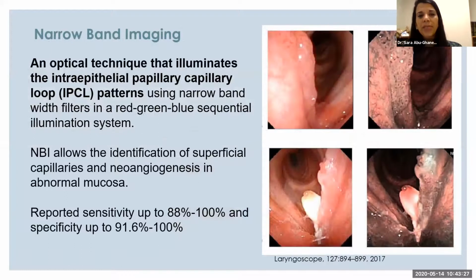I think of all those techniques that I just described, probably the most common one in use is the narrowband imaging. And this narrowband imaging basically helps us to identify superficial capillaries and angiogenesis, basically formation of new blood vessels that we really see fairly often in precancerous and cancerous lesions.